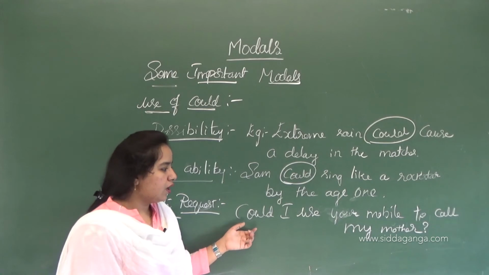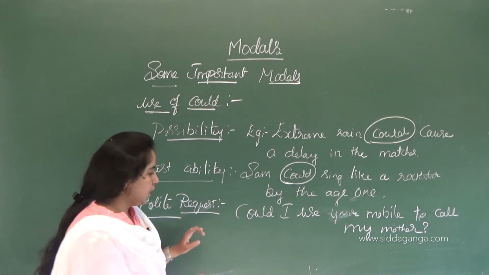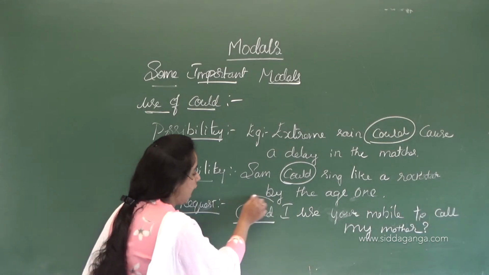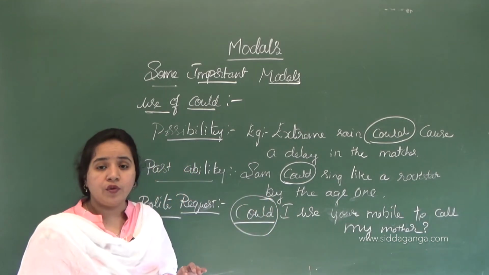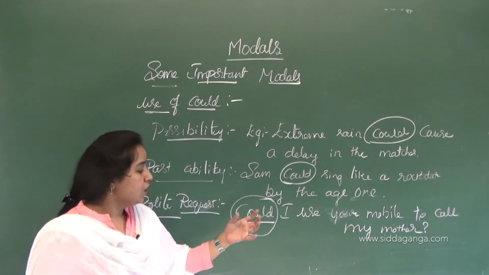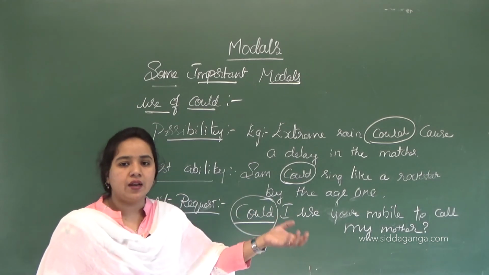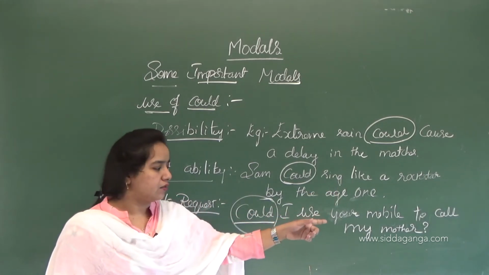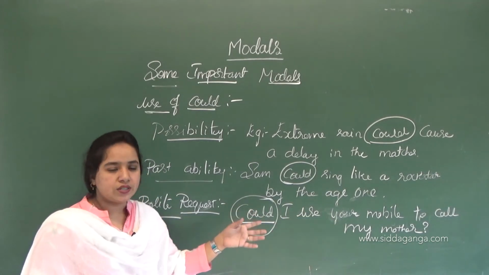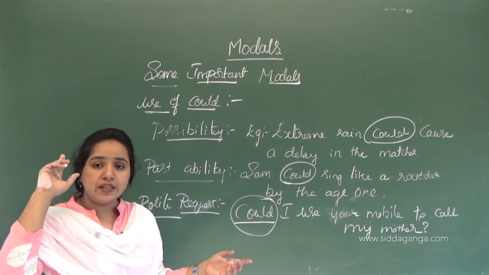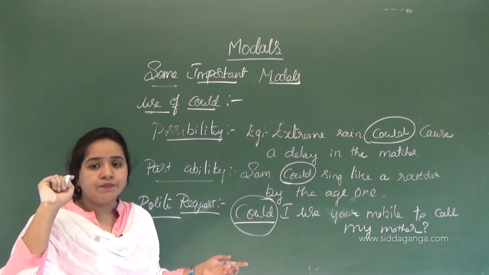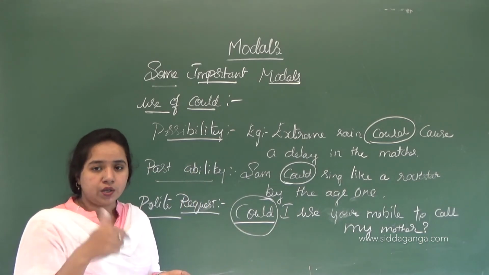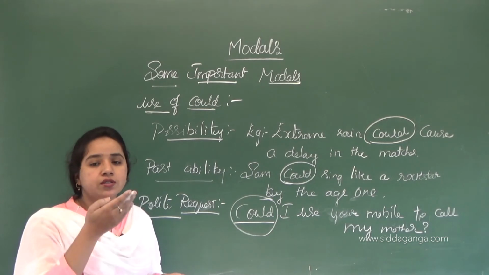So you are requesting with politeness. This could acts as a request form, with which you are more politely requesting somebody to give their mobile to call your mother. So punctuation should be the question mark. I have told you that when I was telling about can, the first use, when you are requesting somebody, can is also used first.